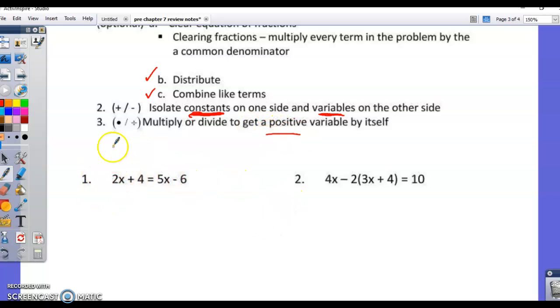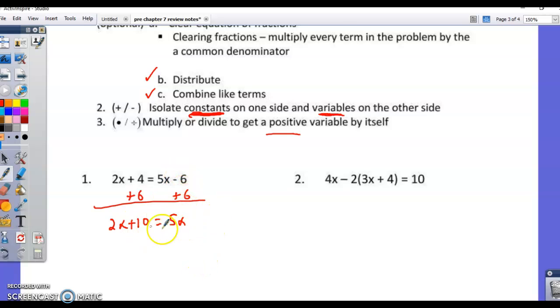So you can really start with any term you want, 2x, 4, 5x, negative 6. And a lot of you like to look at the negative, so you would add 6 here. That would be your first step. So we go to the other side of the equation and add 6. All right, if we're doing this step by step, then I would have 2x on this side. This would become a positive 10, equals 5x. Of course, the negative 6 and 6 is 0.